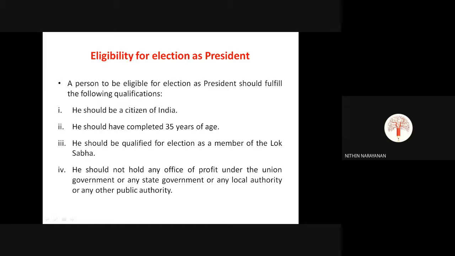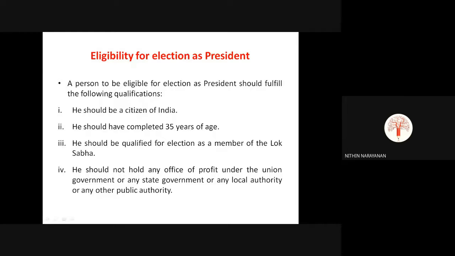It is not by voting by the common people. But even for this election, a candidate should be eligible. There are certain criteria to be fulfilled in order to be eligible for election as President.